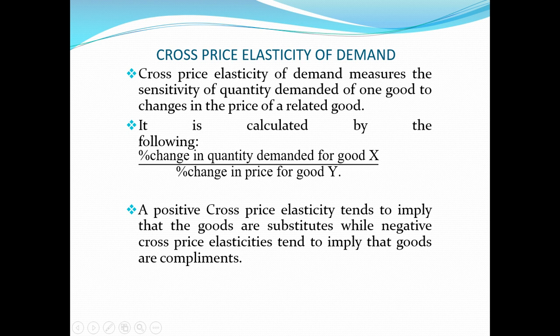Then the last one is the cross price elasticity of demand. This one is just cross. It looks at the elasticity between good X and good Y, which measures the percentage change in quantity demanded of good X as a result of the percentage change in the price of another good Y. So this one depends on the nature of the relationship existing between these two commodities.